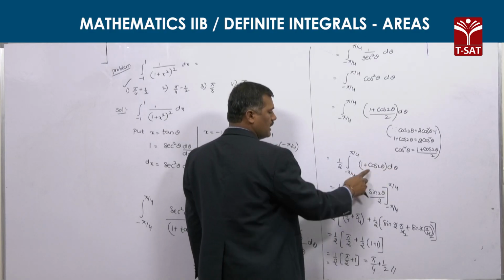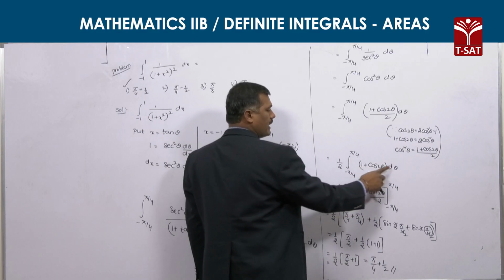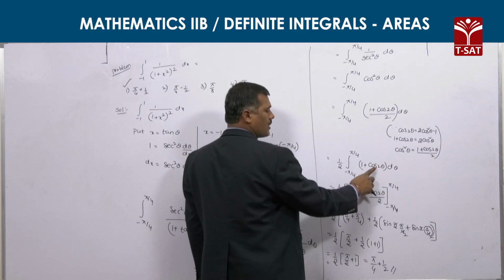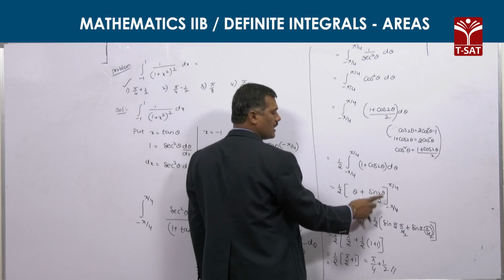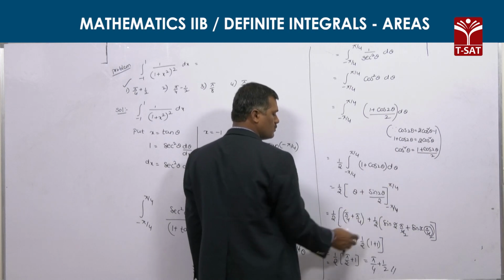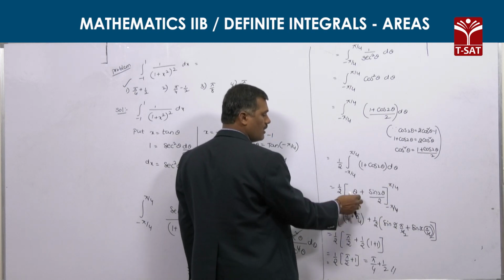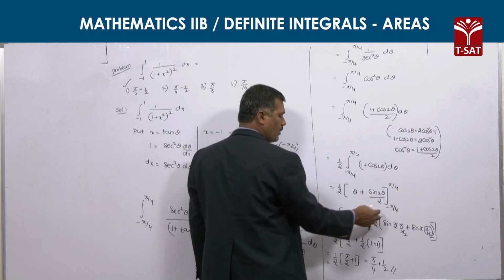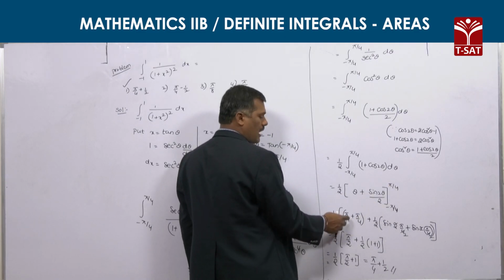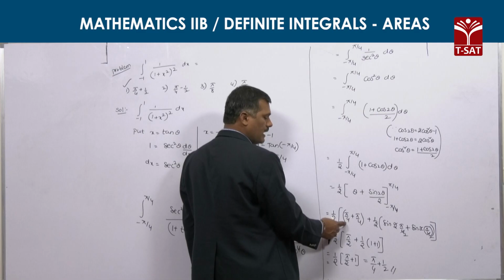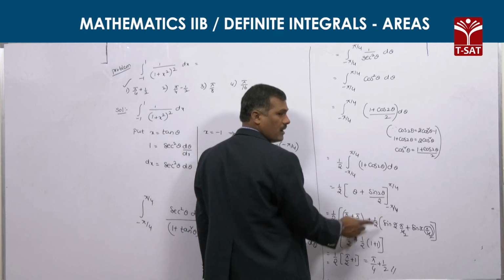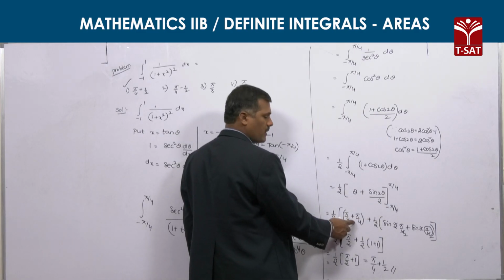Now integrating, the integral of 1 d theta is theta, plus the integral of cos 2 theta is sin 2 theta by 2, from minus pi by 4 to pi by 4, with 1 by 2 outside. Upper limit minus lower limit: for theta, the upper limit is pi by 4 minus the lower limit minus pi by 4, minus of minus is plus, so pi by 4 plus pi by 4.